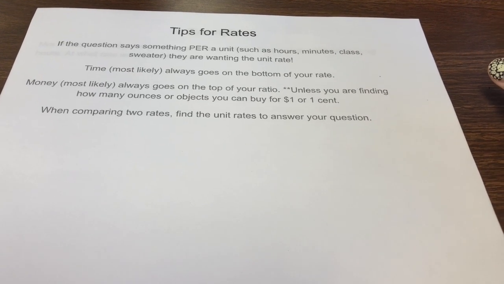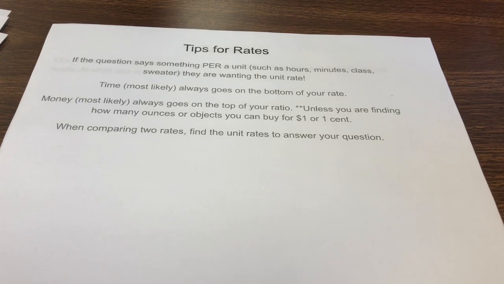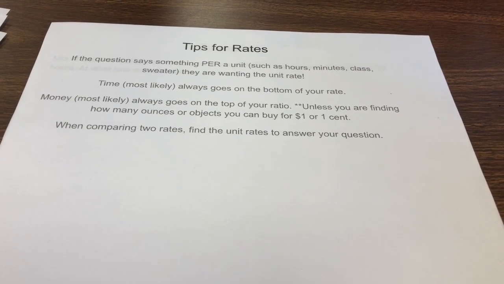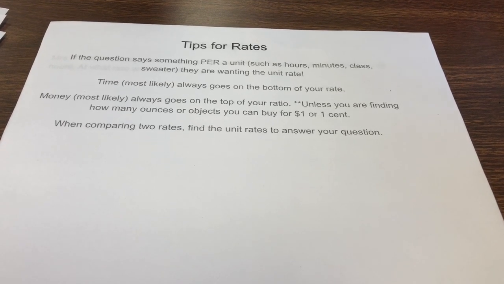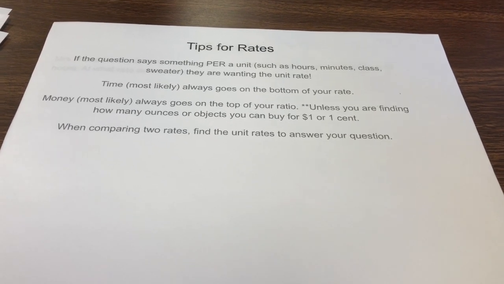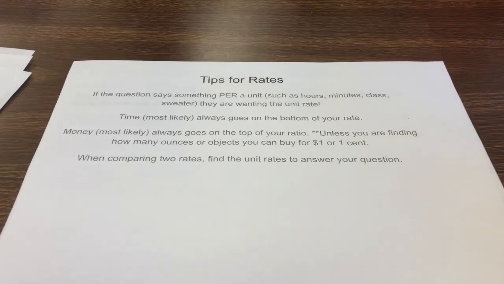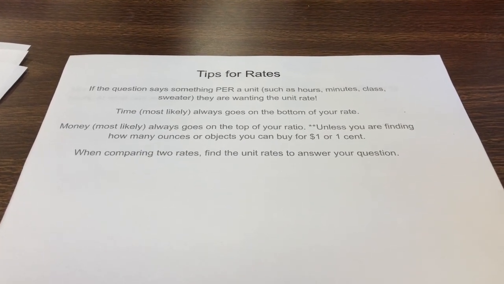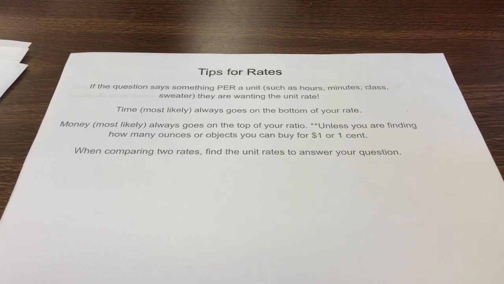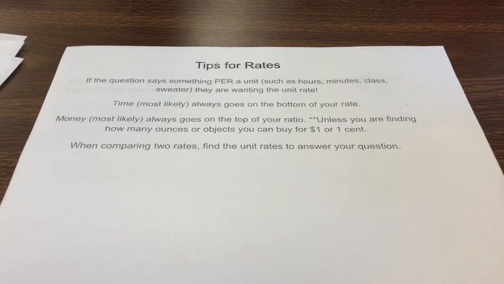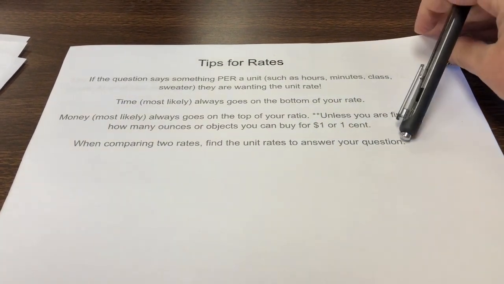So it's how much per 1 ounce, how much per 1 sweater, how much is 1 apple. Unless you are finding how many ounces or objects you can buy for $1 or 1 cent. So it's how many apples can you buy for $1? How many pencils can you buy for $1? When comparing 2 rates, find the unit rates to answer your question. If you find that unit rate, you can find what's the better buy, which one's cheaper, which one you would have to pay more for.